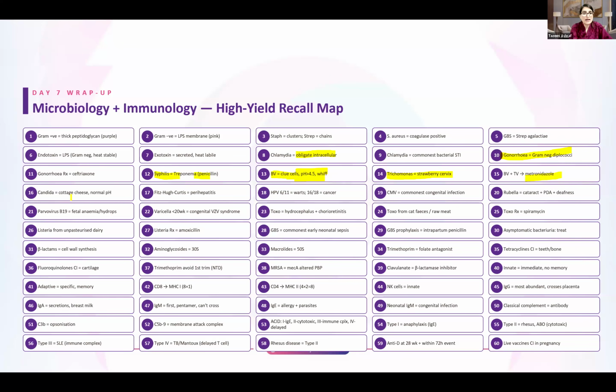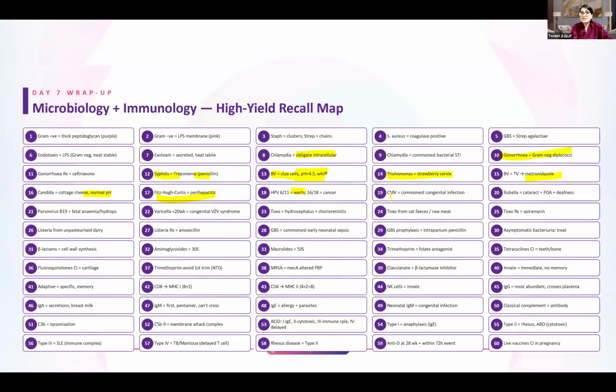Candida is cottage cheese or curdy white discharge, pH is normal, satellite lesions are there, and fissuring can also be there. Fitz-Hugh-Curtis is perihepatitis. HPV 6 and 11 are associated with warts, 16 and 18 are associated with cancer.